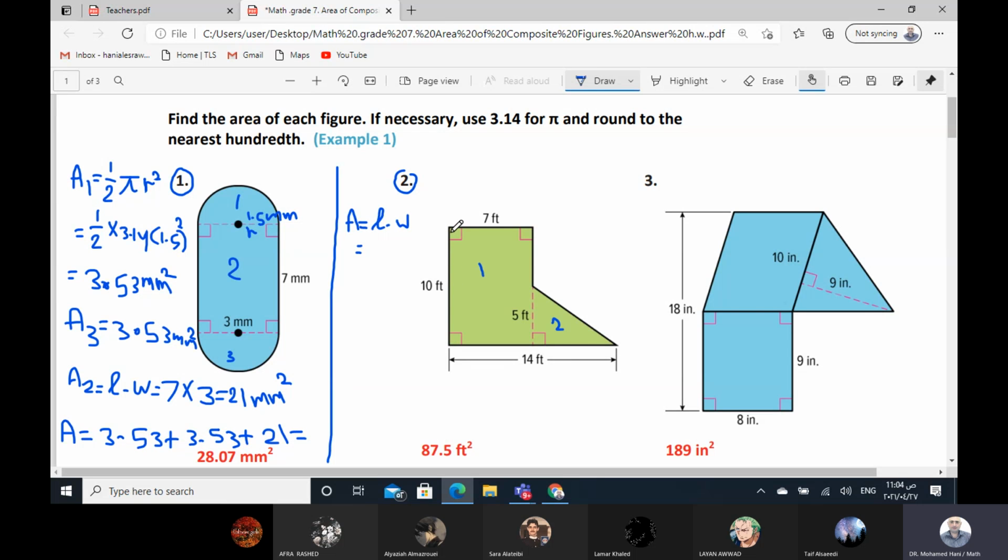The length will be 10 times the width will be 7. 10 times 7 will be 70 ft squared or feet squared.